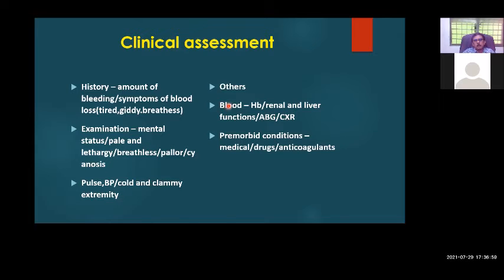Other parameters include the blood tests like hemoglobin, renal and liver function tests, ABG, and chest X-ray. And also it's important to get details of the premorbid conditions of the patient, medical illnesses he or she has, and the drugs, especially anticoagulants, that he may be taking every day.